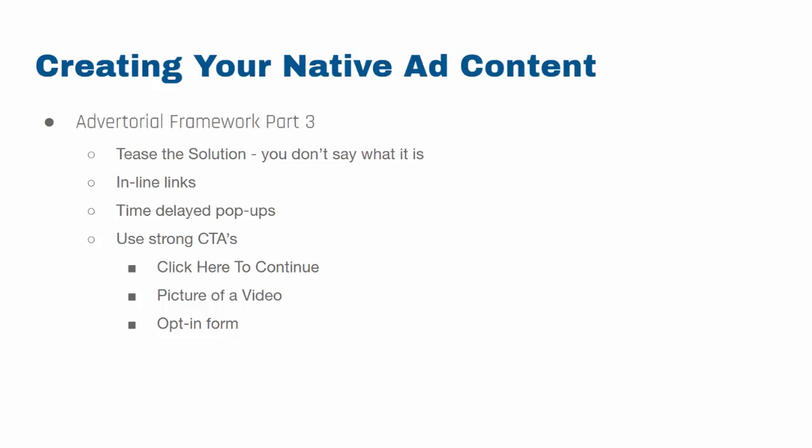When you're teasing the solution, a couple of things that I like to do is I like to create some inline links. Now, these are some kind of hacks you can do to increase your CTR. Inline links means certain words or phrases in your advertorial that are hyperlinked, they're blue and underlined.